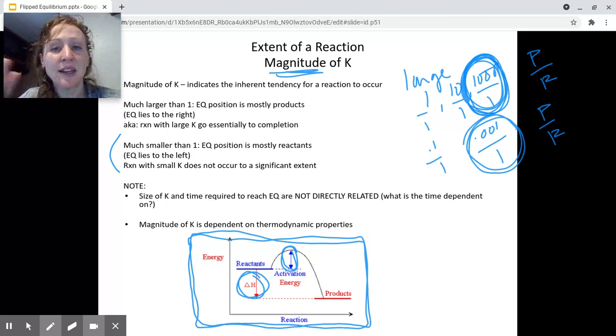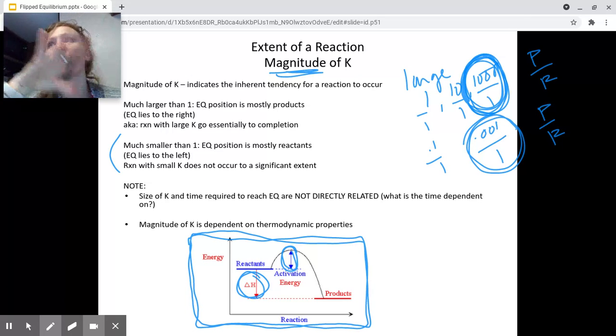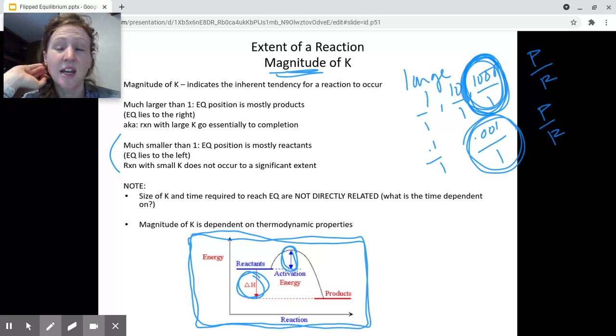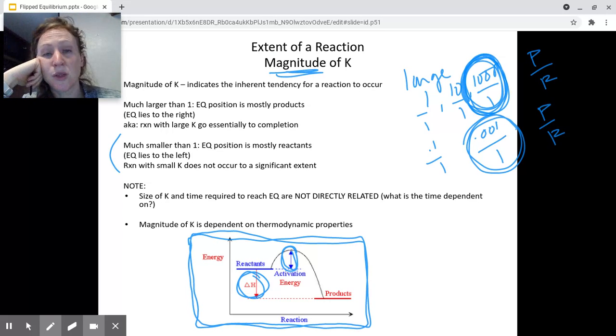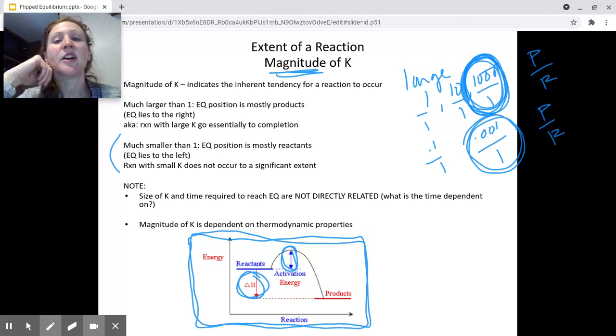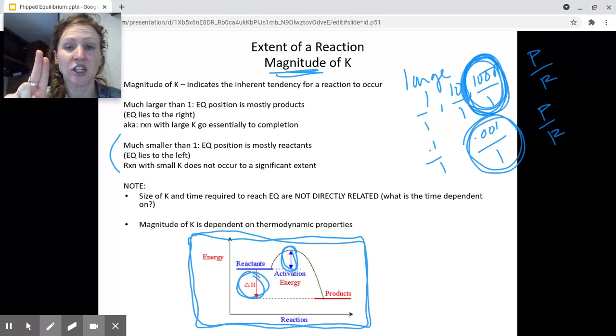At the end of this chapter, once we go through K, we've already talked about how K is temperature dependent a little bit, but once we get through chapter 13, we're going to circle back to the part of chapter 17 that we skipped so that you can see what that connection actually is between K and our thermodynamic quantities.